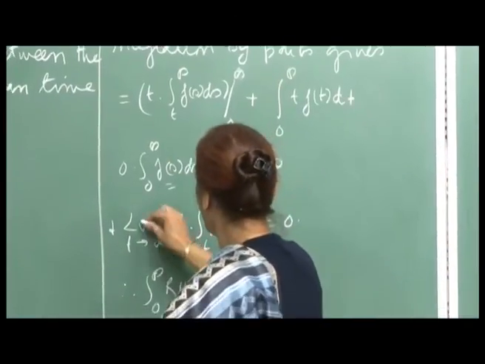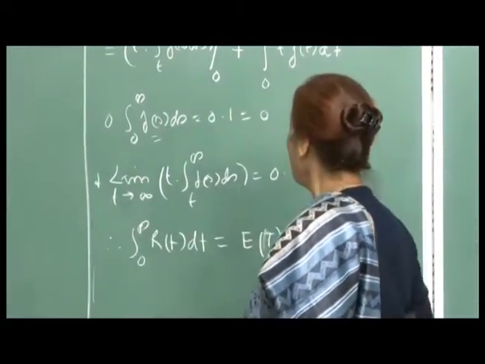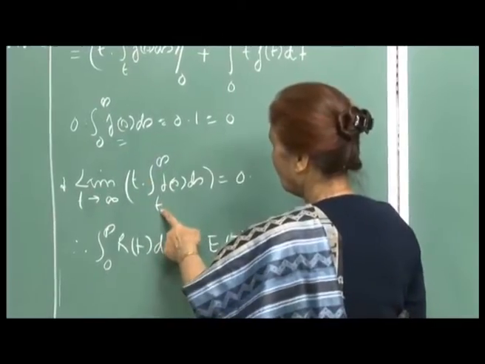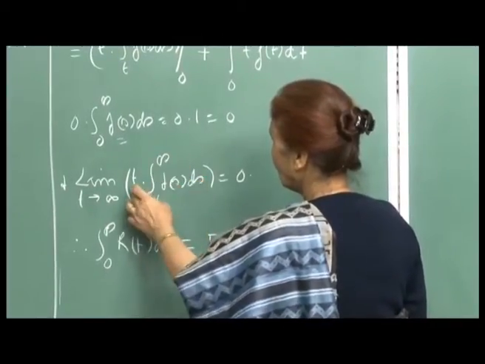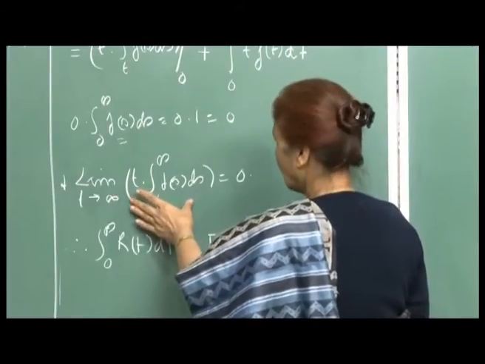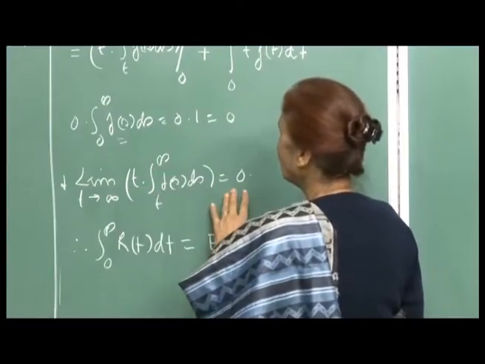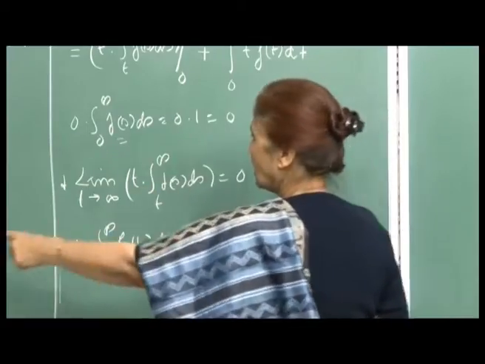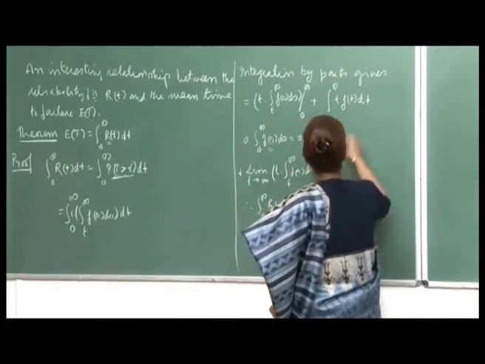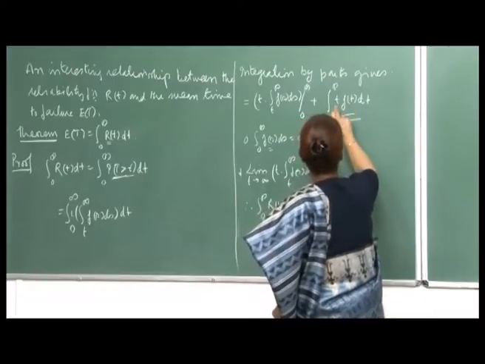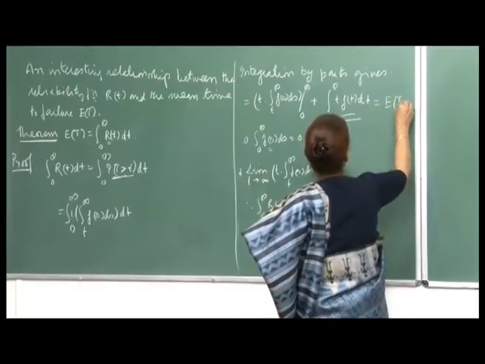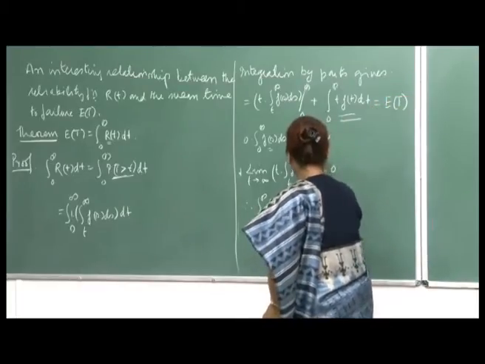Now here it is a little complicated, but as t goes to infinity, this part becomes 0 and this is going to infinity, but it can be shown that the limit of this product will go to 0. Once that happens, the integral reduces to simply 0 to infinity r(t) dt, which equals t f(t) dt from 0 to infinity, and this is your E[T]. And so you have this relationship.